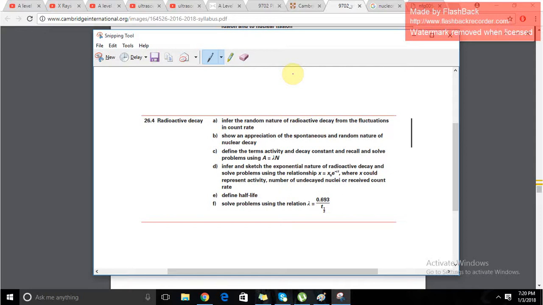But the only reason we have an estimate for each half-life is because whenever we get a large enough sample of something, things get a pattern, and you get set probability values.